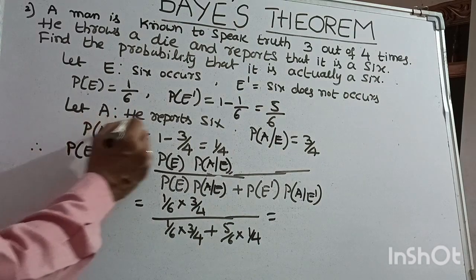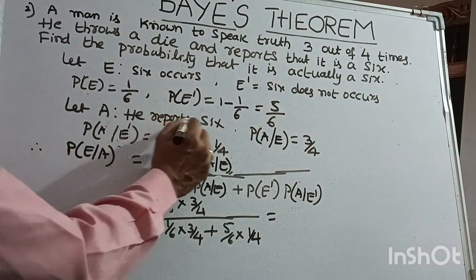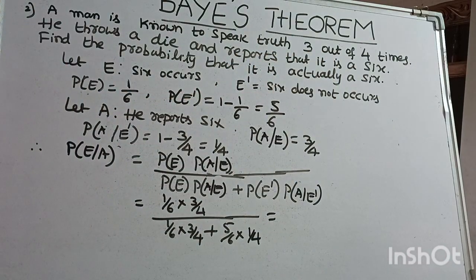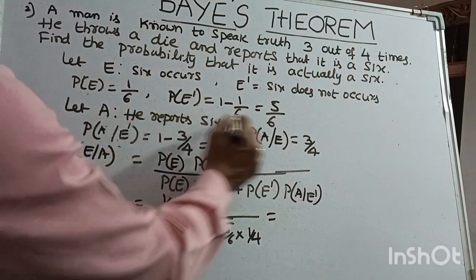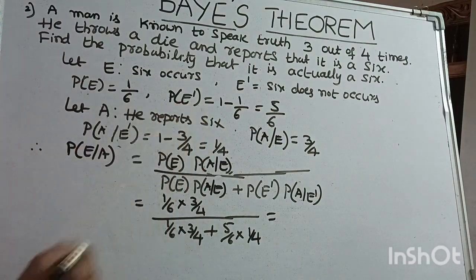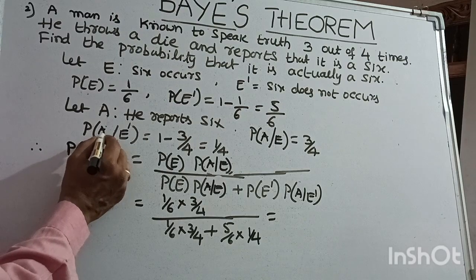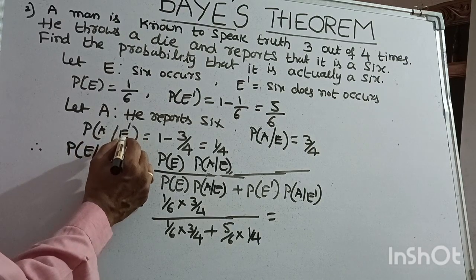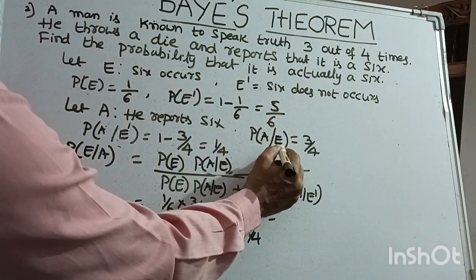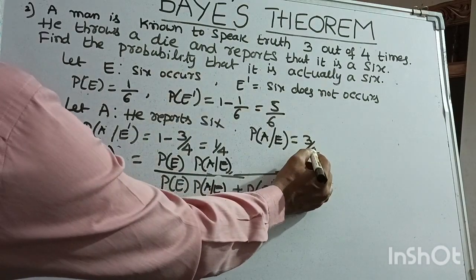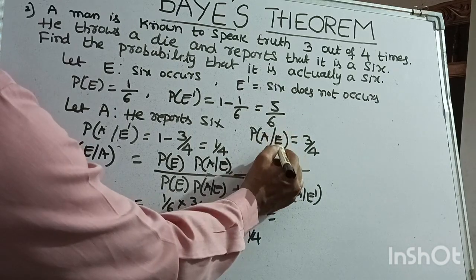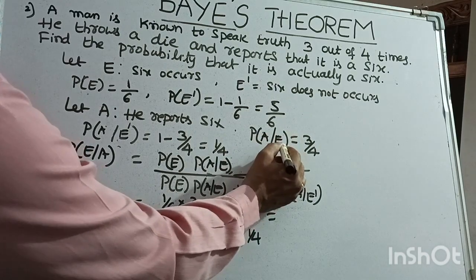Now take another event. The person reports 6. So when a die is thrown, the person reports it is a 6. That event is taken as event A. Now find the conditional probability that the man reports 6, that is event A, given that event E, 6 occurs. The man reports 6, and it is also 6 on the die.